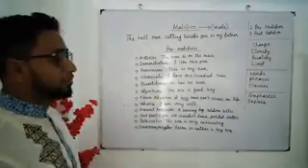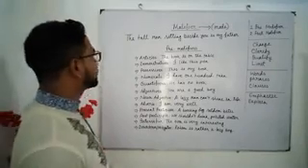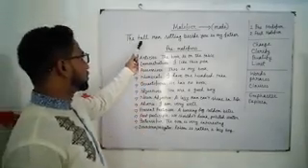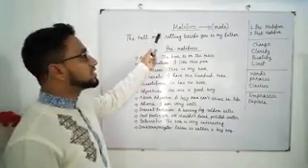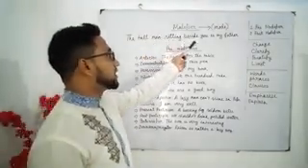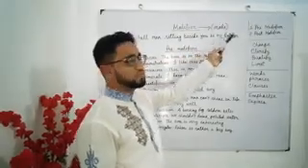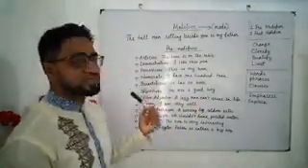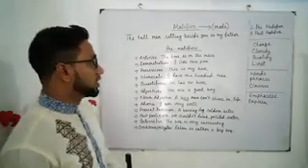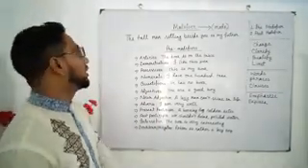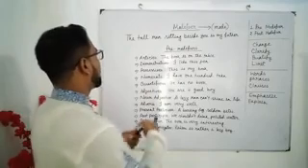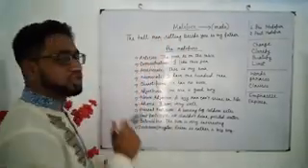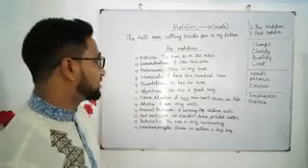Let's see an example of a modifier. The sentence is: the tall man sitting beside you is my father. Here, the word man is the key word of this sentence.